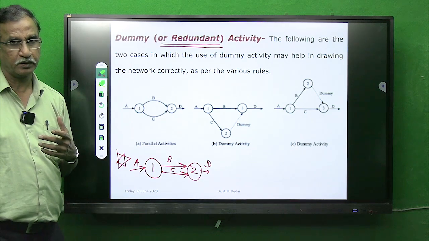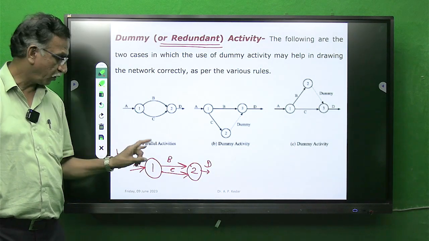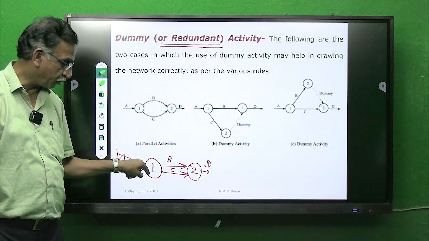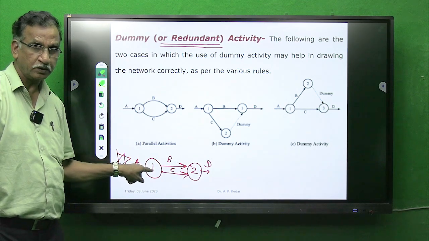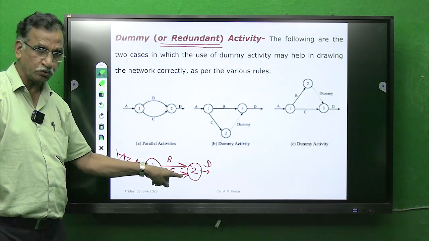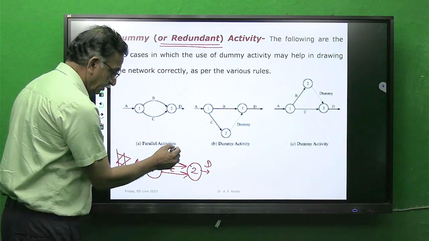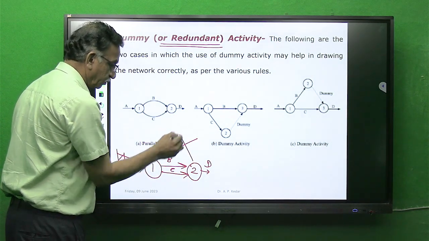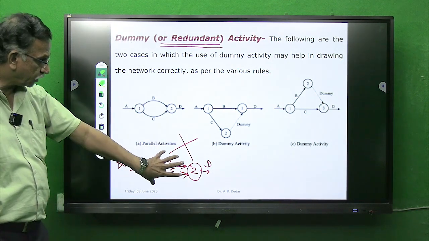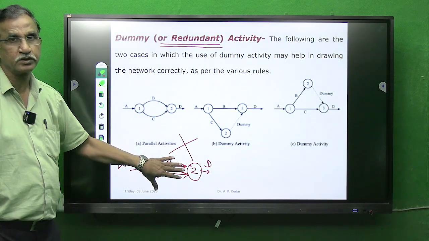Again I will repeat, from the same node, that is node 1, to the same node, that is 2, parallel activities. This is not possible. Never attempt a network like this.